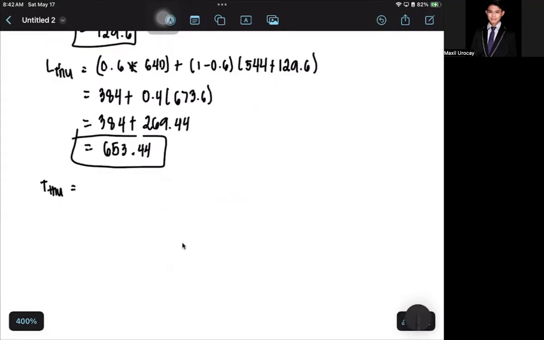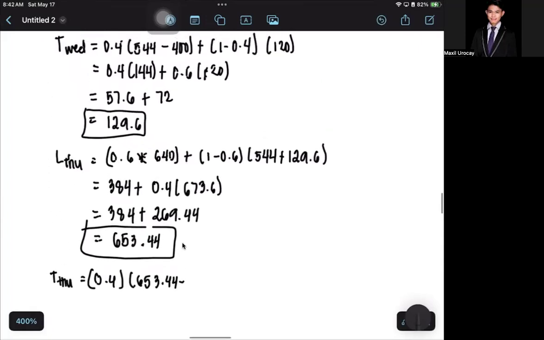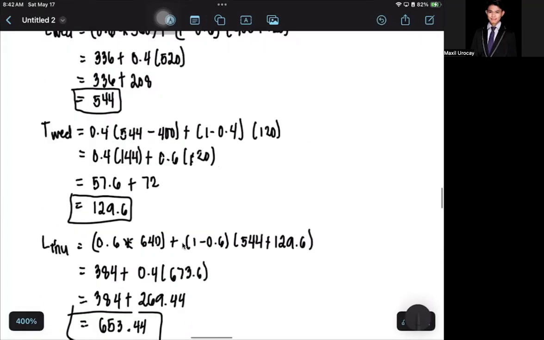So for the trend of Thursday, we have the beta at 0.4 times the current level, which is 653.44. Then deduct the previous level, which is 544.